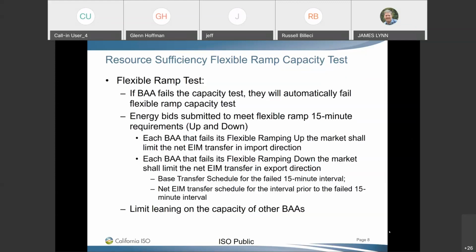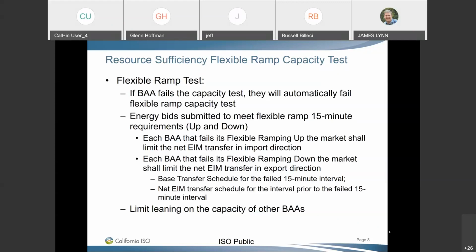So, as I was saying, it's mainly designed to ensure that your balancing authority area isn't leaning on another balancing authority area. Now, a lot of questions I get is, how does this impact settlement? Well, this has an indirect impact on settlements and not a direct impact on settlements.